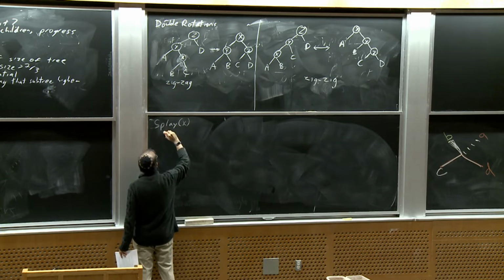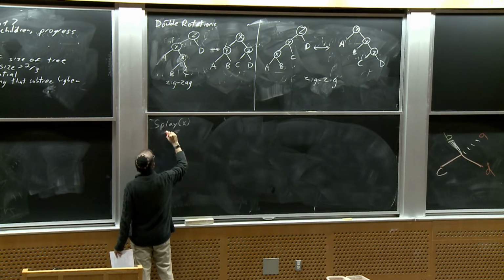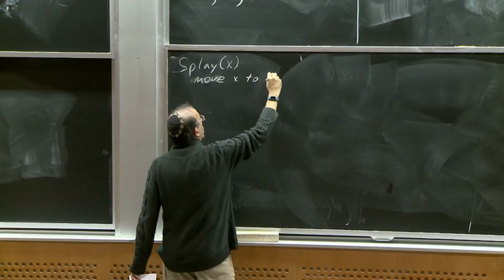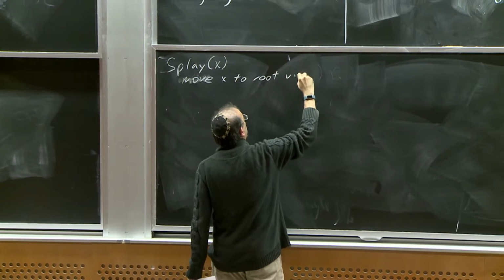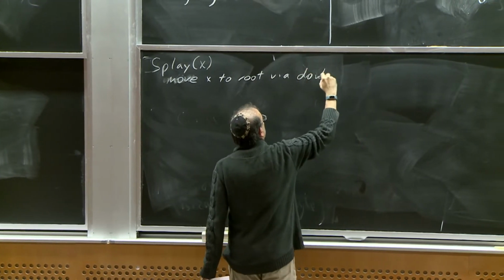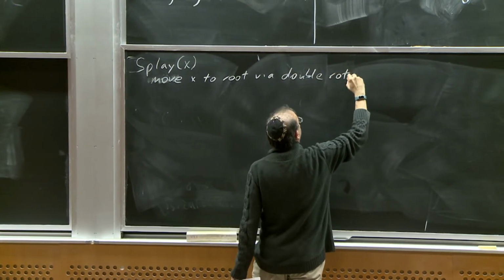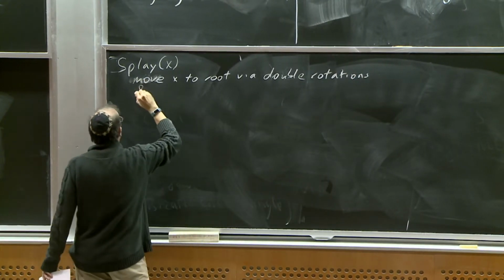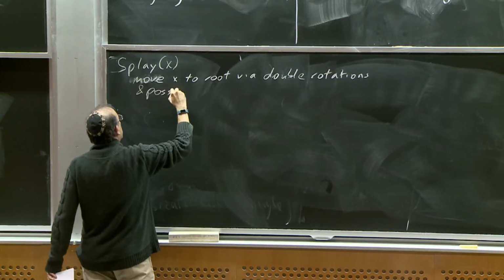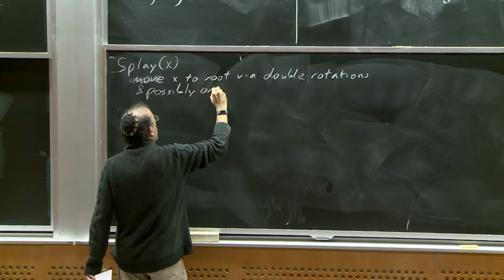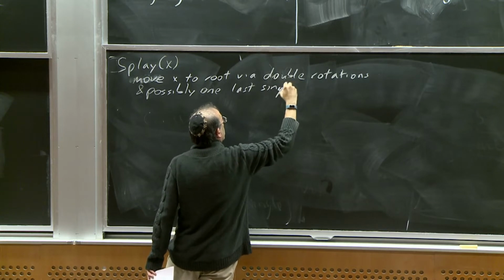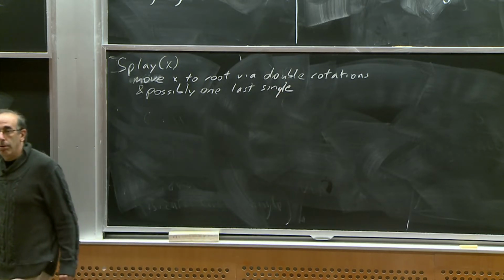And this means to move x to the root via double rotations, and possibly one last single rotation if the depth of the node was odd.